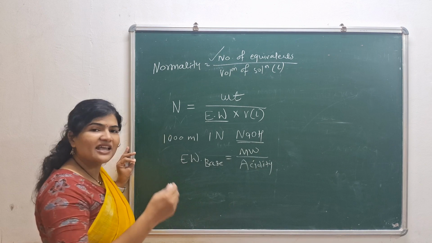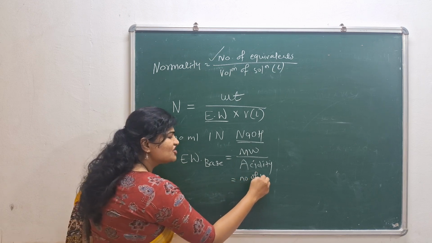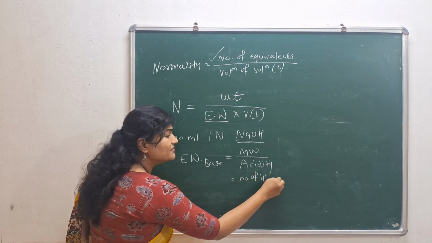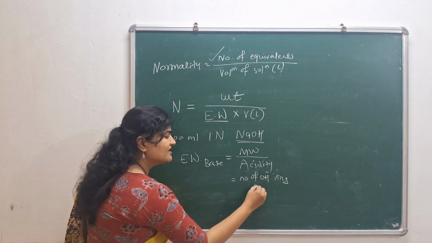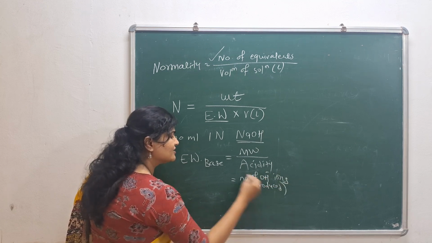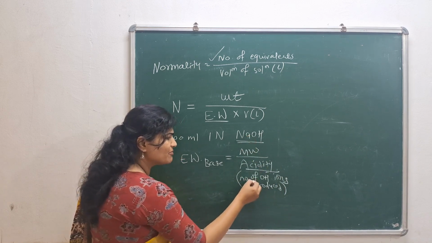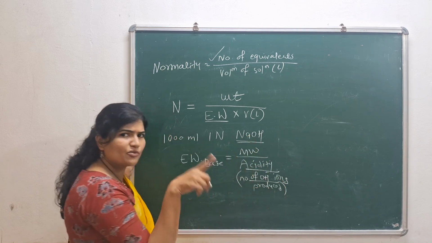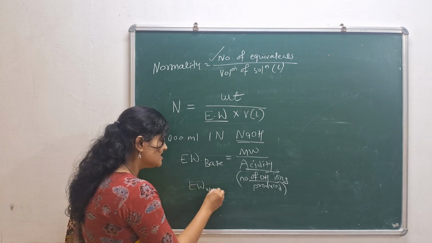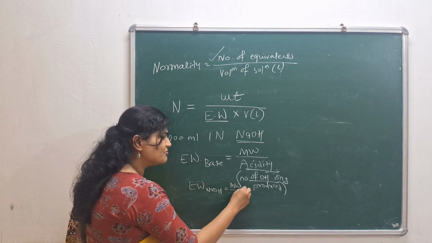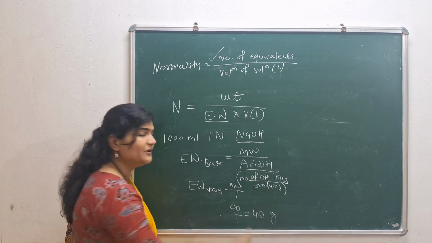Acidity can be easily put in the form of the number of H+ ions neutralized, or the number of OH- ions produced. This is very easy to calculate for that particular base. So what is the acidity of NaOH? It is the number of OH- ions produced by it, which is obviously 1 OH- ion. So the equivalent weight of NaOH is molecular weight upon 1, and the molecular weight is 40, so the equivalent weight is also 40.